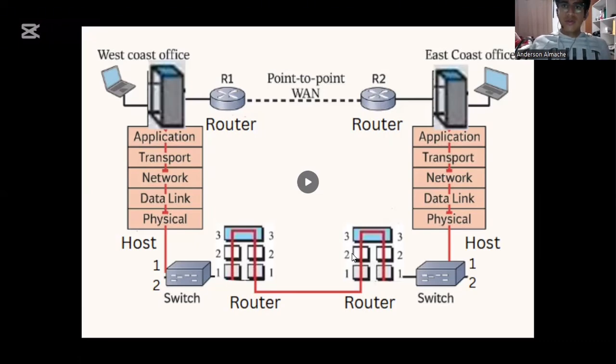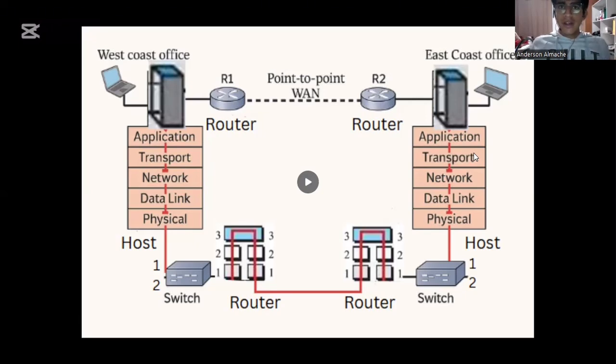Router R2 passes the message to the destination host. Now the data moves up through the layers: first the physical layer, then 2 data link layer, 3 network layer, 4 transport layer, and 5 application layer.